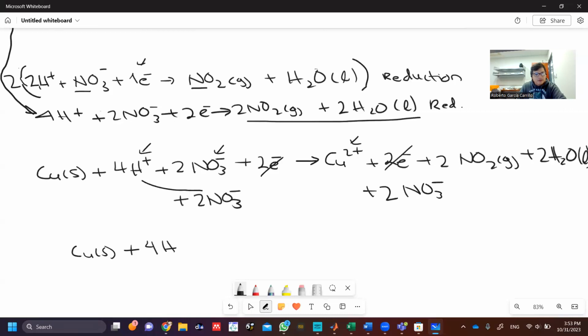These 2 are parts of the nitric acid. Actually, so it's 2 plus 2, which is 4. This one, coupled with these ones, and this is aqueous.